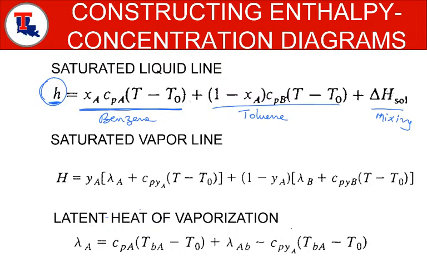Similarly, how do you calculate the enthalpy of the vapor line? Well, you take the composition of benzene, add the latent heat of vaporization, and then Cpv, the heat capacity of the vapor phase of benzene times whatever the temperature difference you're creating. Okay, so this is the enthalpy of benzene vapor.